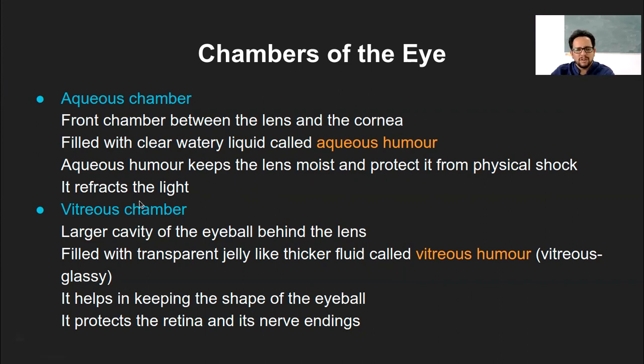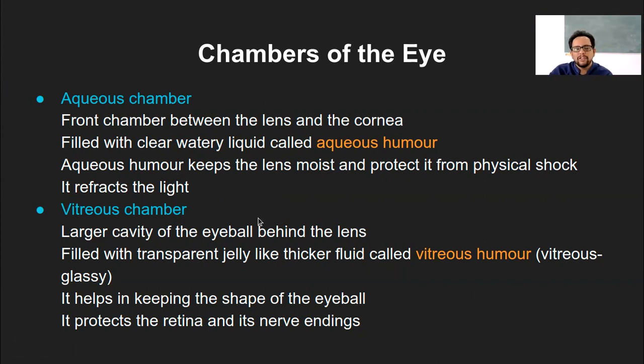But that is not within the scope of the syllabus, so we will not discuss much about it. Main function is to keep the lens moist and protect it from physical shock. That is the aqueous chamber containing aqueous humor. Aqueous means it is a water-based system. That's why aqueous.